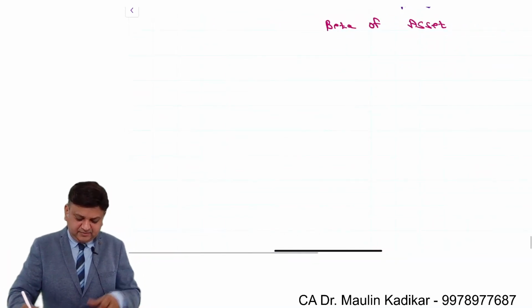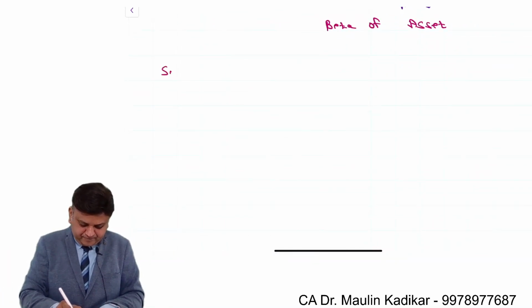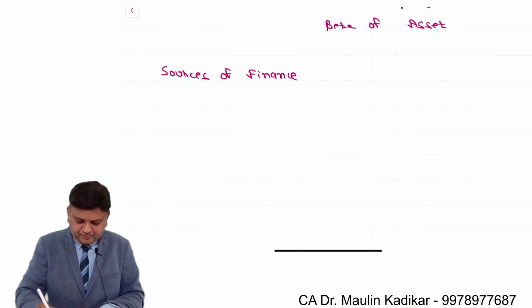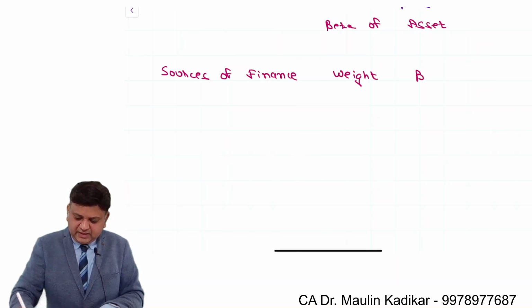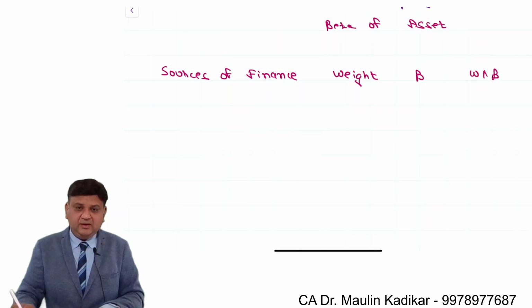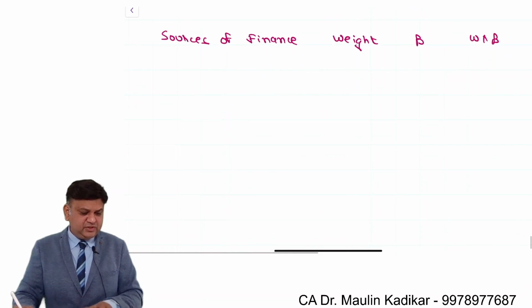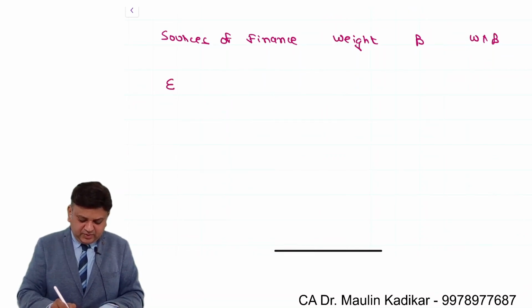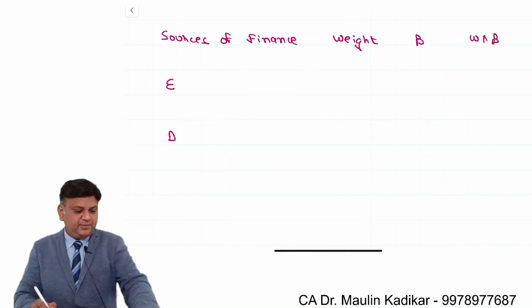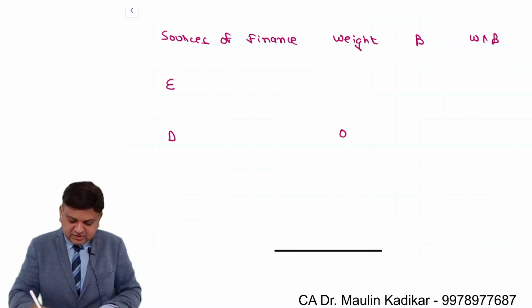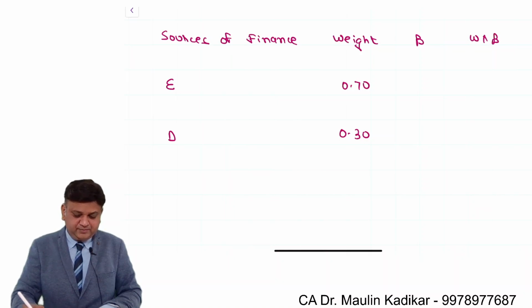We understand that source of finance, weight, beta, weight into beta. There are two sources of finance which the proxy firm has, equity and debt. The proportion of the debt in capital structure is 30%. So the remaining equity is 70%.